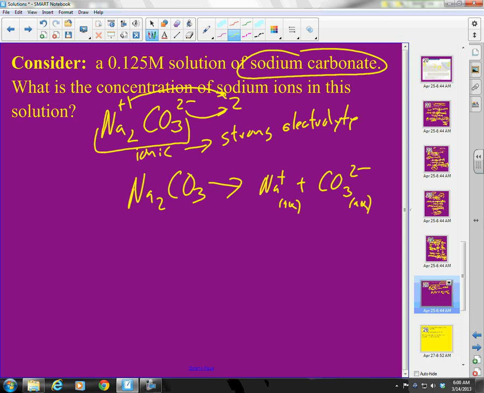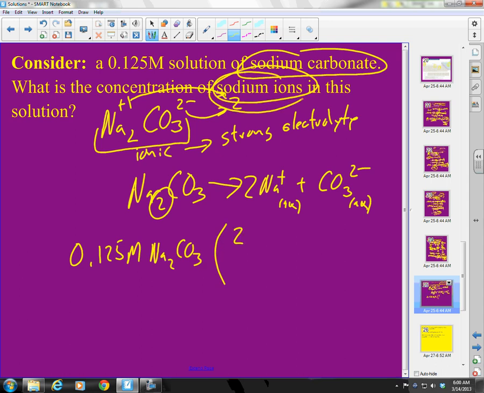How many sodiums do I have? Well, I have 2. Good. And if I start off with 0.125 molar sodium carbonate times what? And what are we looking for? Sodium ions. So I have 2 sodium ions per every 1 sodium carbonate.